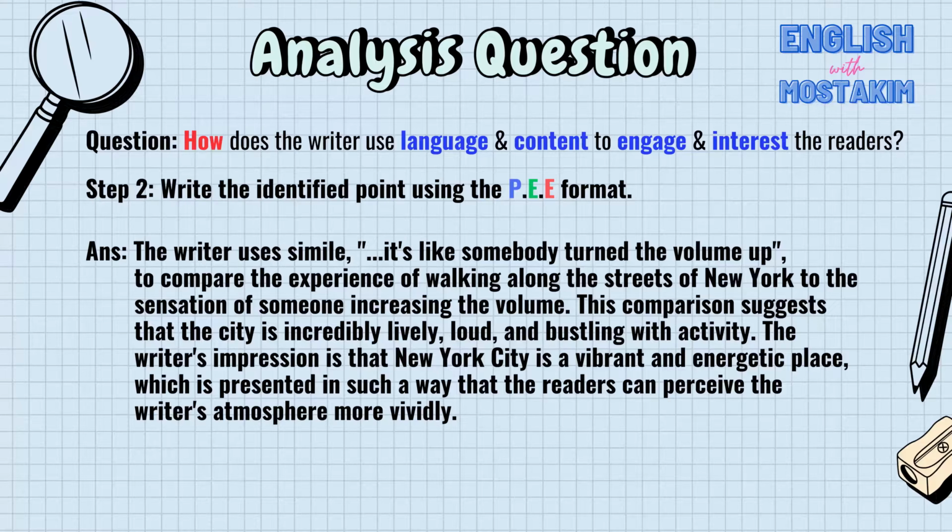And with that, we have concluded the writing of the point using the PEE format. All this time, we answered only one point. The mark for writing one such correctly written point is 1. To get full marks on this question, we will need to write 10 such points from the text.